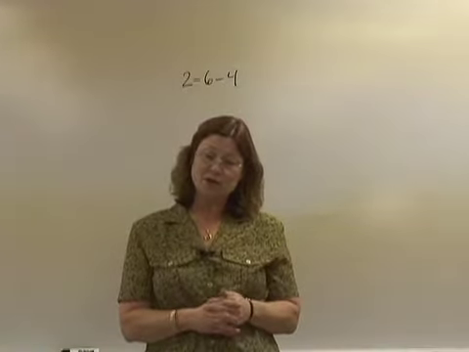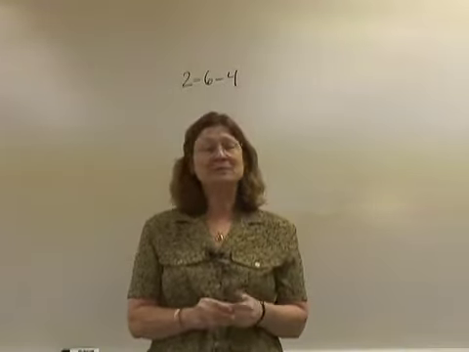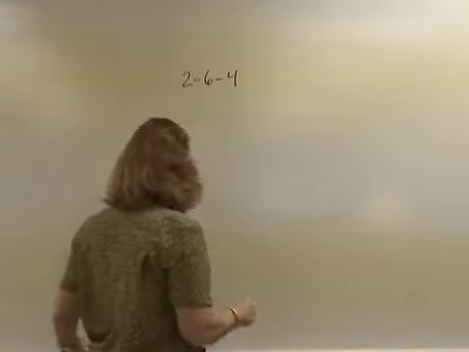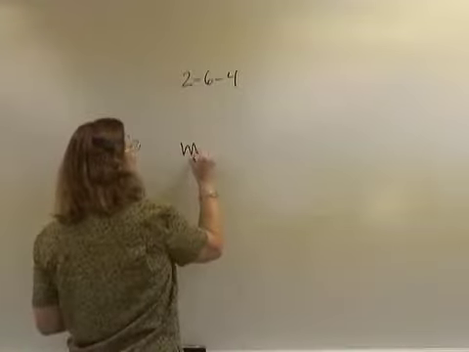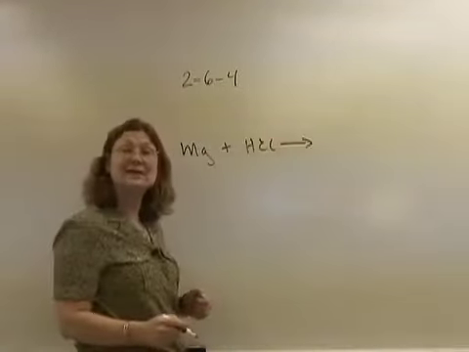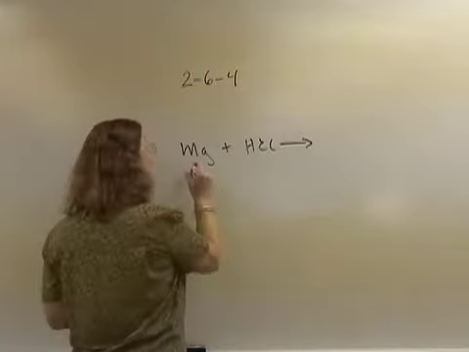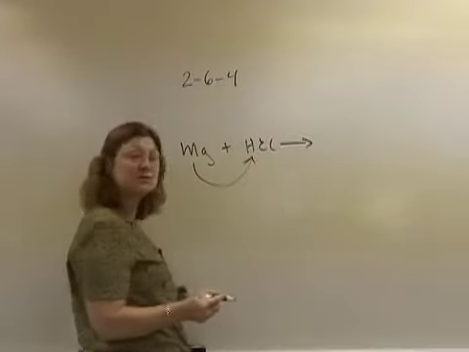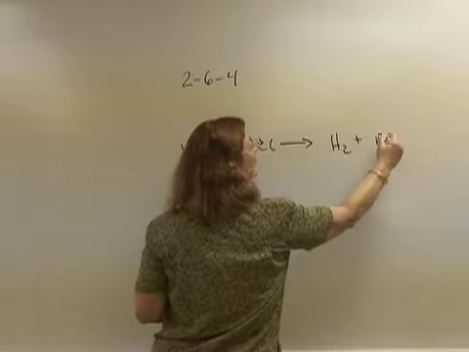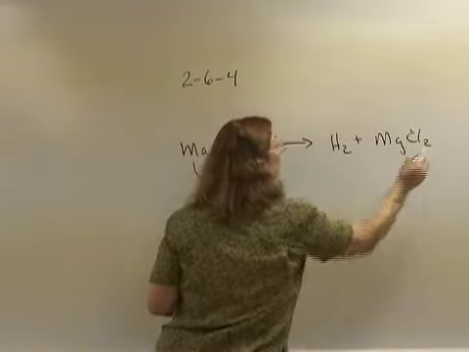In number 2, the part of the lab that must be done under the hood is when I add the hydrochloric acid. And I know that when I have magnesium plus hydrochloric acid, that is a single displacement. I'm actually displacing the hydrogen, and that will form hydrogen gas and the magnesium chloride.